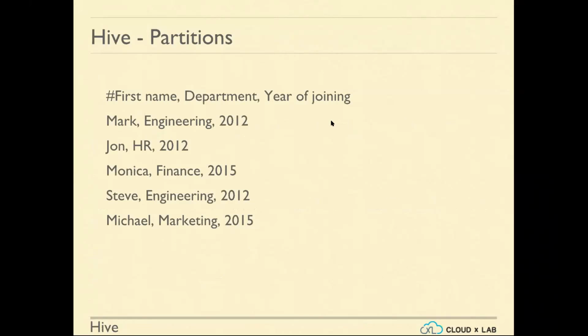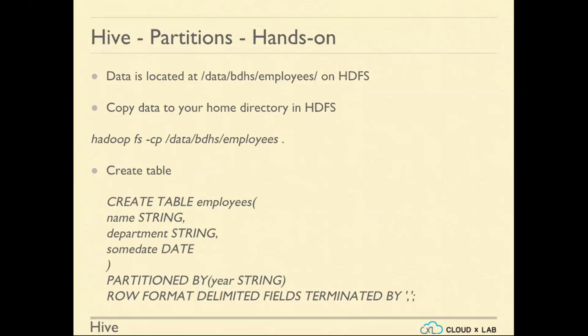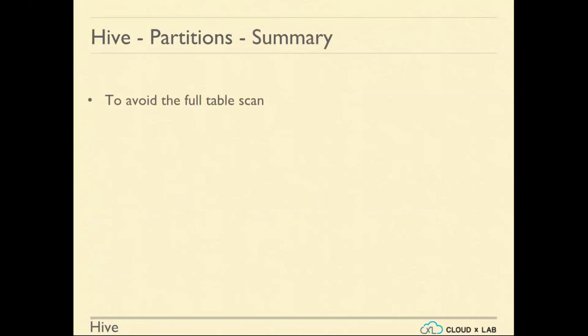So let me just explain what happened here. I hope you all got the idea. Now, let me give you what we learned here in partitions. To avoid the full table scan when we are querying the data, let's say you have a table of the last 50 years of data in your organization, and you only need a small window of data at a time. This 50 years of data could be in 5,000 files.